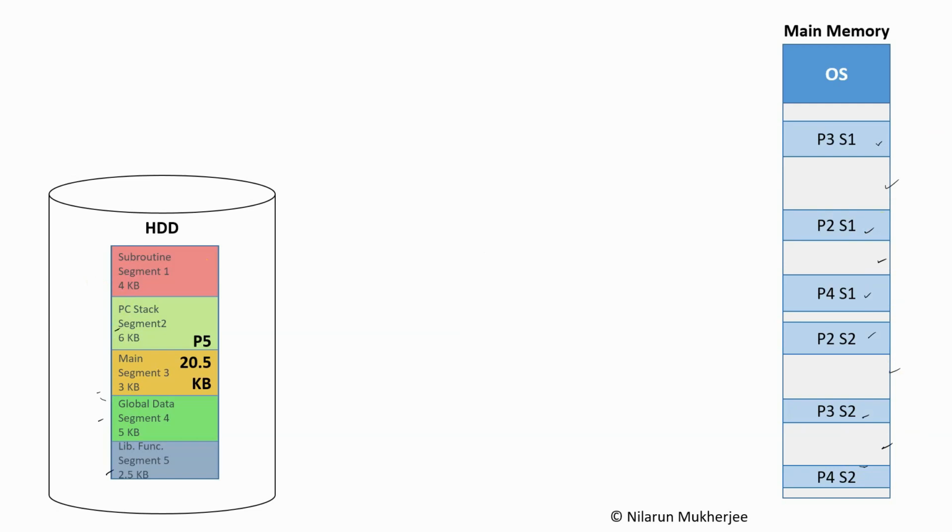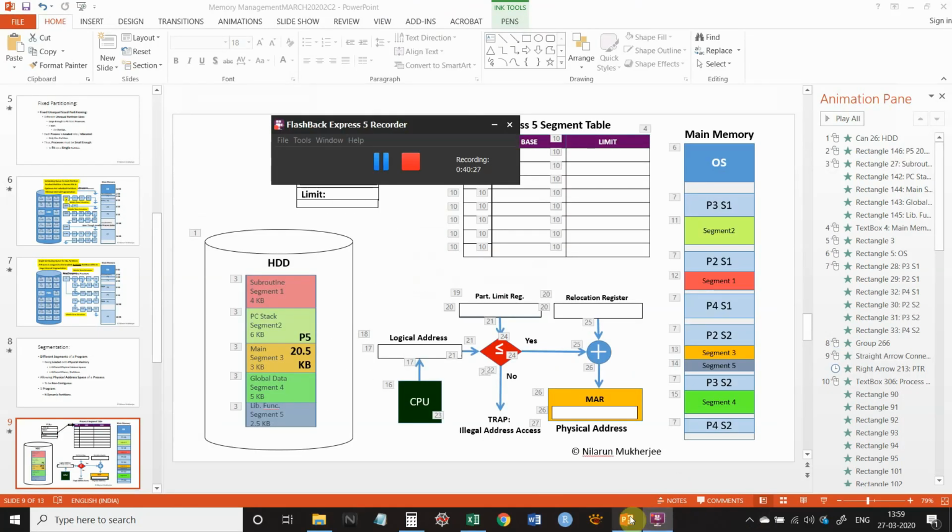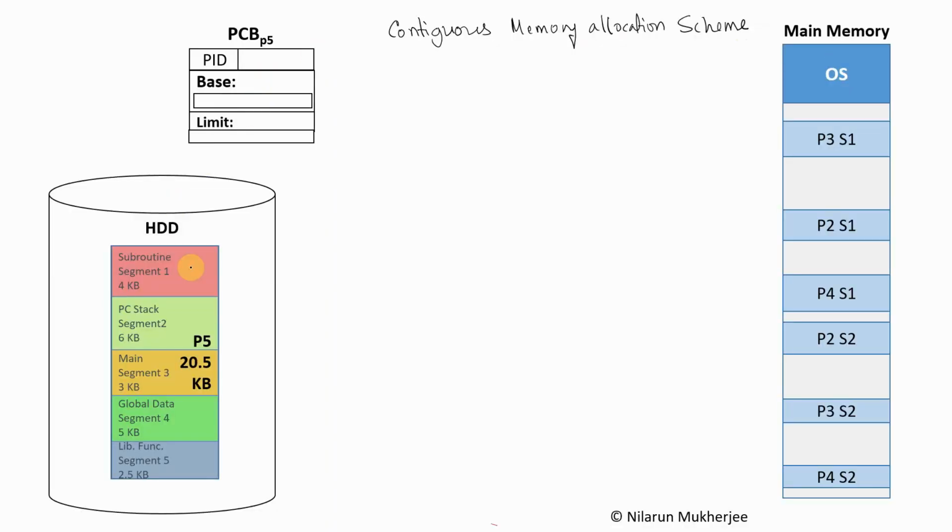Now what happens is that previously we had in our contiguous memory allocation a PCB, but in this we will load these segments into several holes.